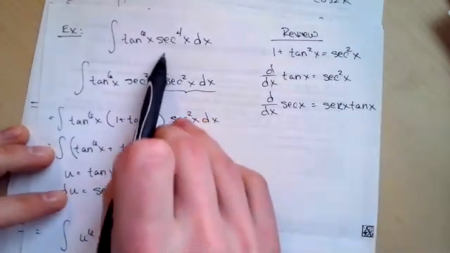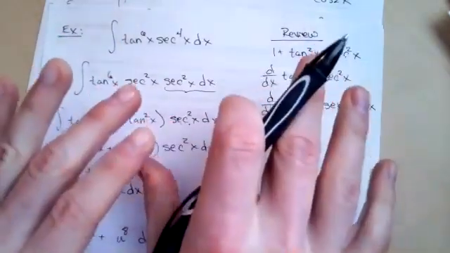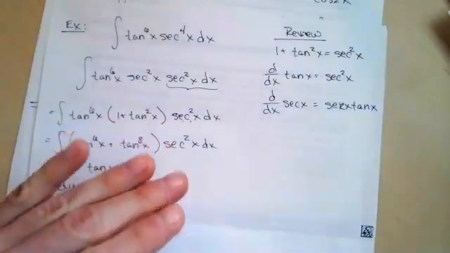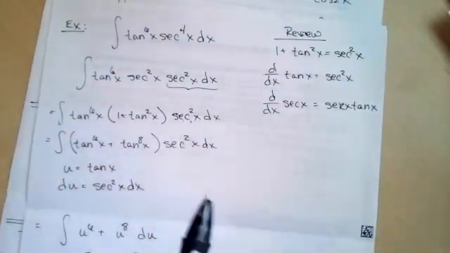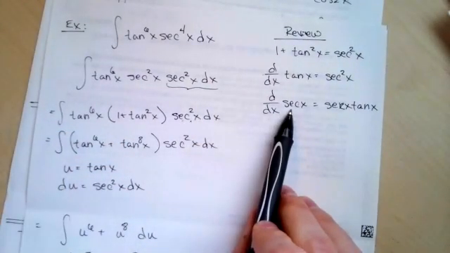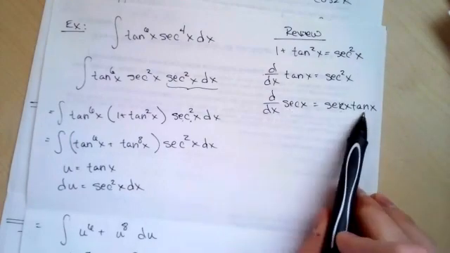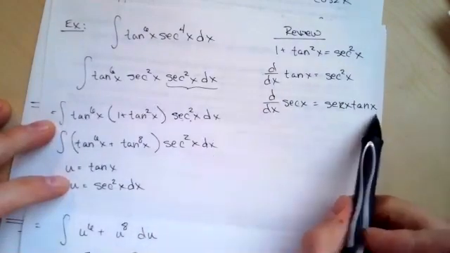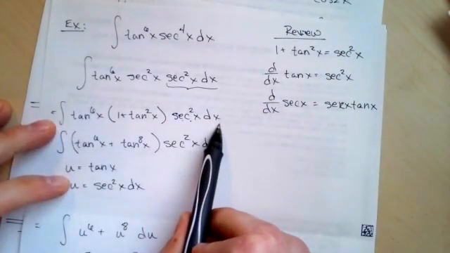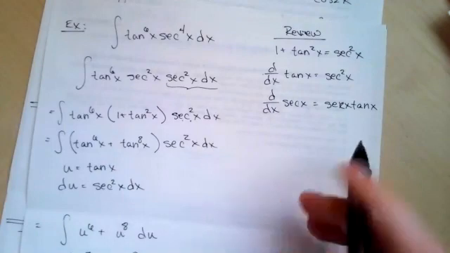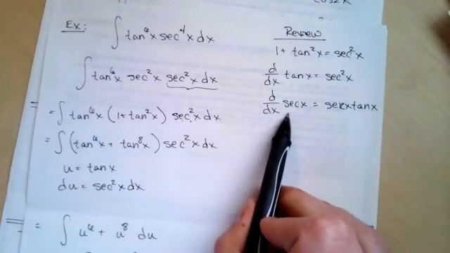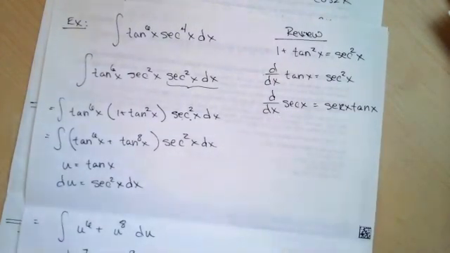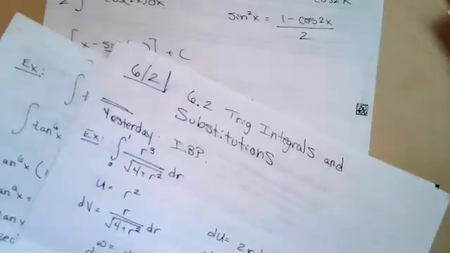So you want to look, can I factor out and keep 2 powers of secant and then convert the rest to tangents? And vice versa. If we wanted to do one with secant, I need 1 power of secant and 1 power of tangent. That's what you're going to want to peel off and keep with the differential. And then try to see if you can convert everything else into secants. And it works that way with all the trig functions.